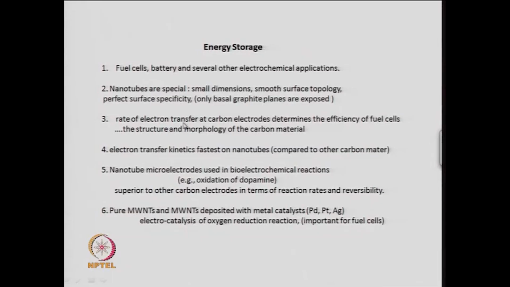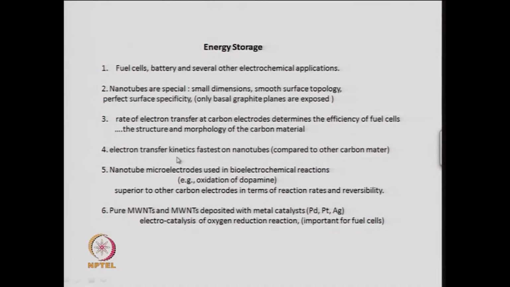So, rate of electron transfer depends on the morphology of the carbon nanotube. Now, that is one thing, and if you look at the electron transfer kinetics compared to a planar material, the electron transfer kinetics is fastest on nanotubes compared to other carbon materials like graphite or diamond.